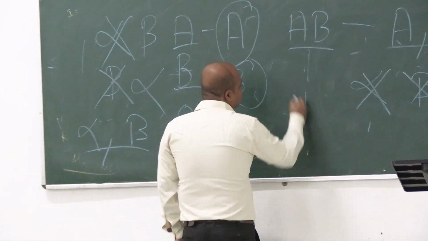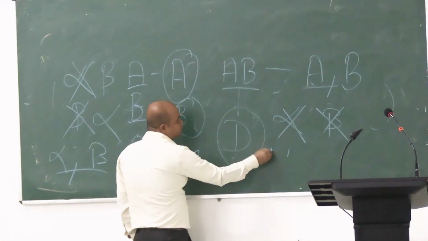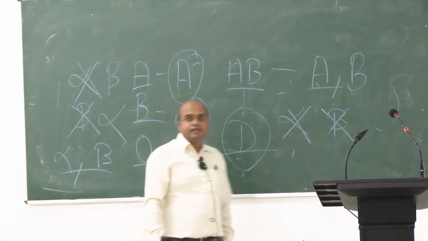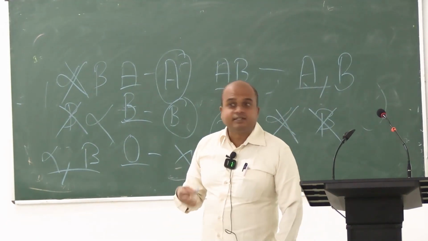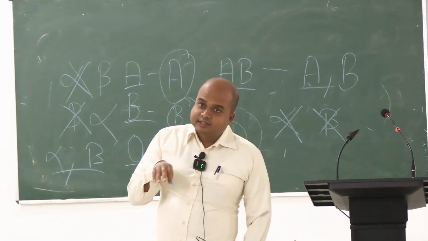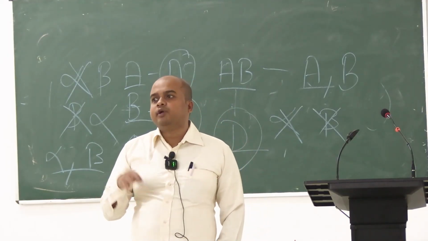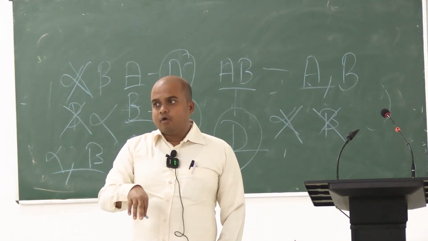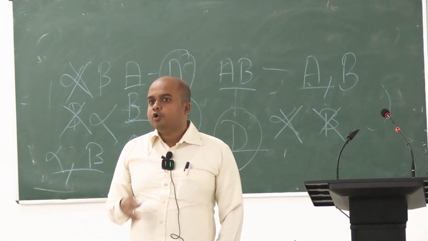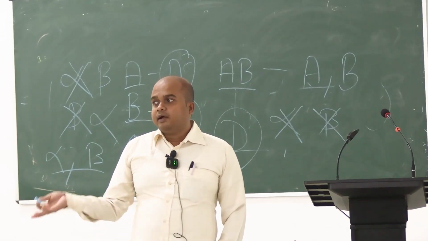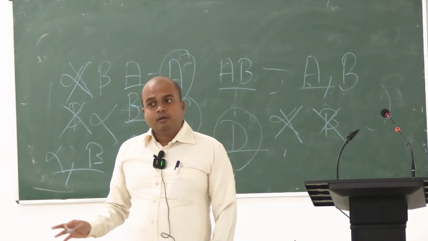There is another agglutinogen, D, the rhesus factor, to which no naturally occurring agglutinins exist, but there is an artificial antisera. Reacting with it will confirm whether the blood group is Rh positive or Rh negative. Next week, we will do it in the practical session.